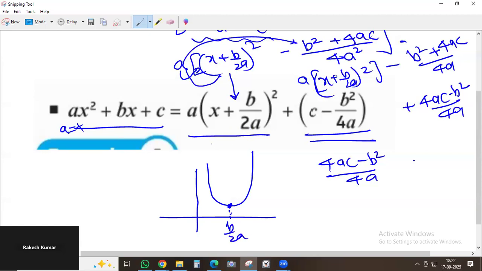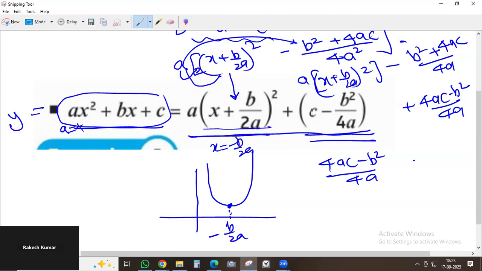If I do x as minus b by 2a, this will become 0. And this is the y value. This whole thing is the y value.